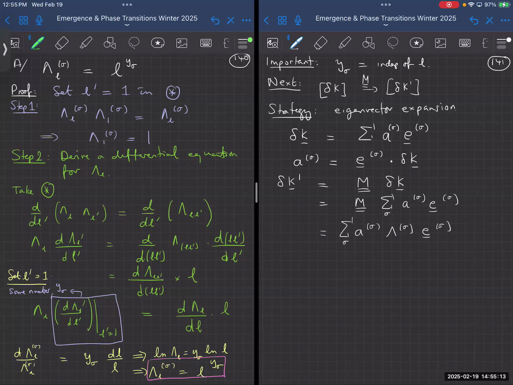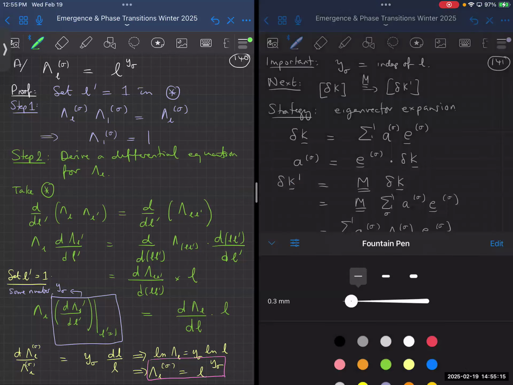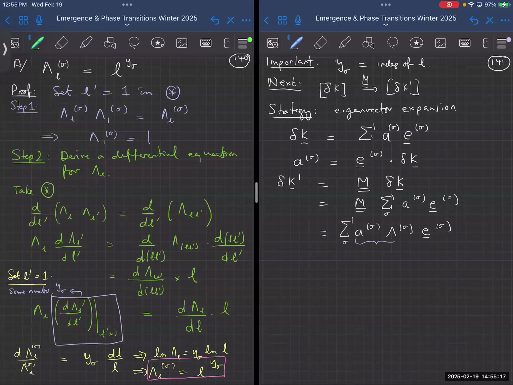And so we can think of this term here as being the expansion coefficients for delta k prime. So this we can write as A of sigma prime.